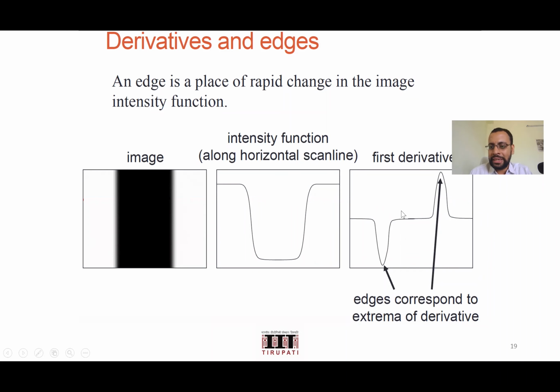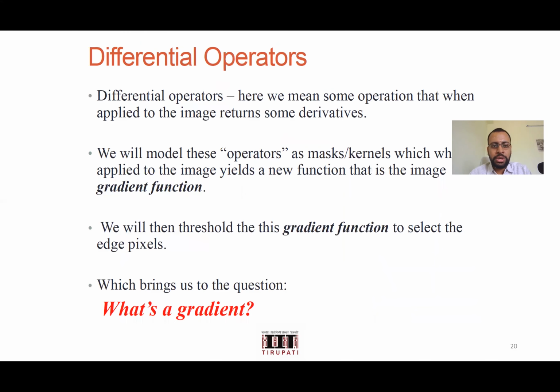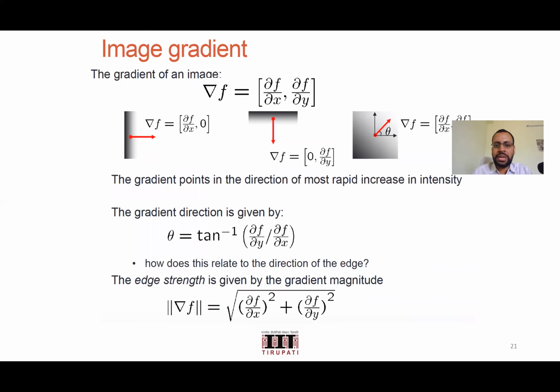So that tells us that the derivative does have information about edges, particularly when you are looking at a 1D profile. From there, if you have to deal with things in 2D, this is referred to as differential operators, where the gradient is referred to as, so be very clear, there is derivative, there is gradient.